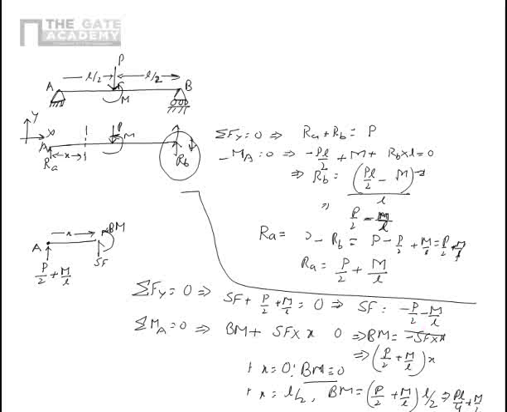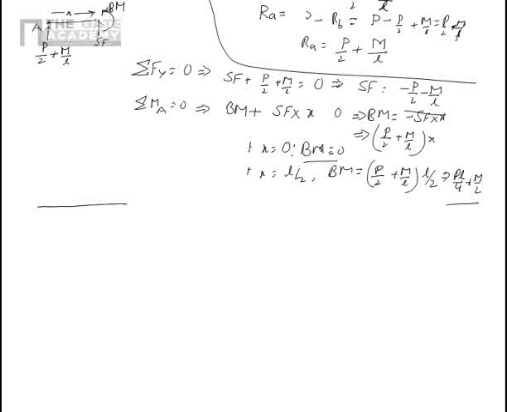Now let's see what happens if we take the section here. So at that section we have P applied and M applied, and at this point we have RA, which is nothing but P by 2 plus M by L, and I take SF and Bm to be the shear force and bending moment at that section.